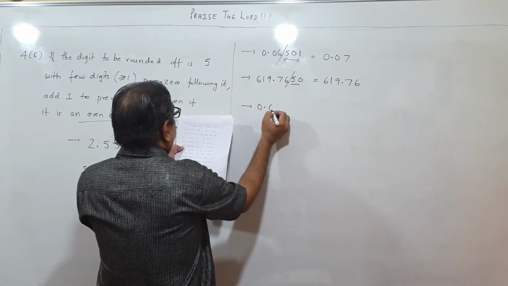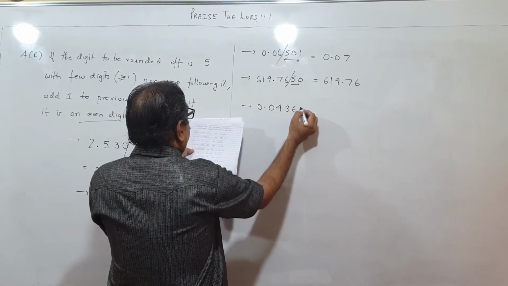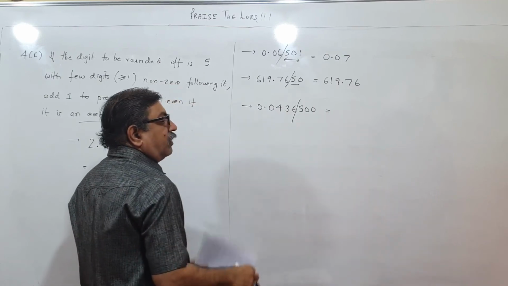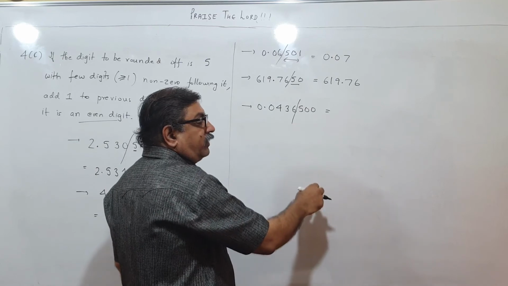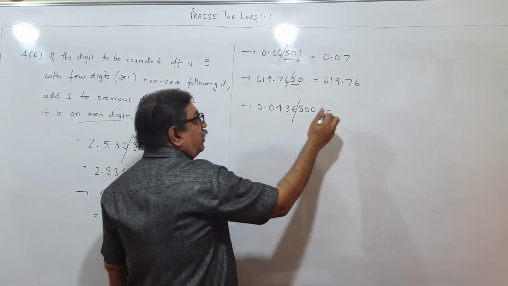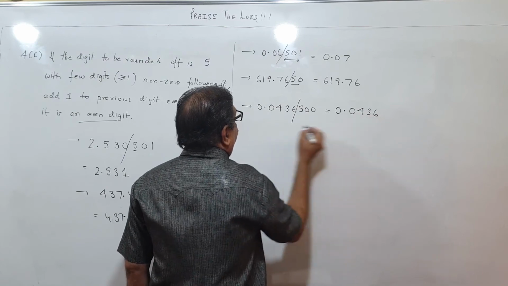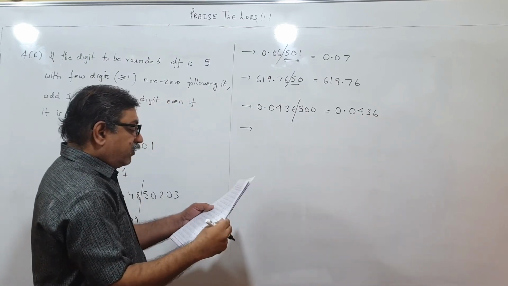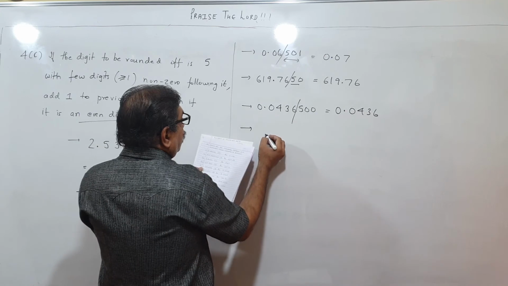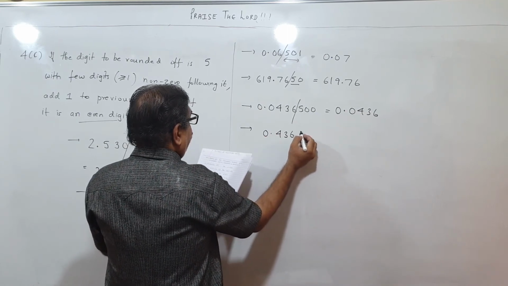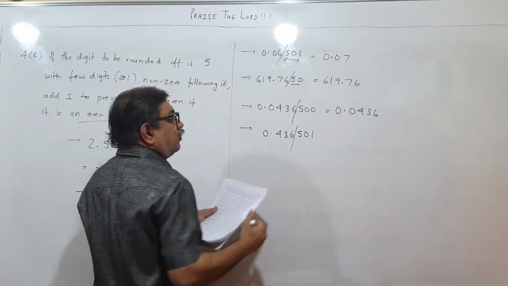Then 0.043650. We want to round off till here. Again these 3 are to be rounded off, and after 5 there are all 0 digits. So we don't add 1 over here. This becomes 0.0436. Understand children, I am giving sufficient examples. Then we have 0.436501. I have to round off up to here.